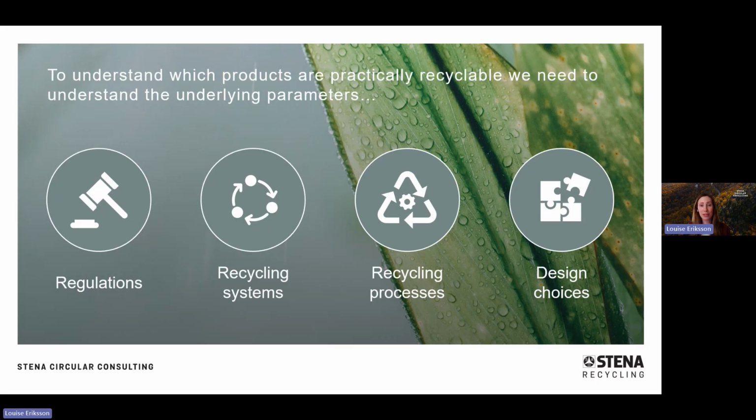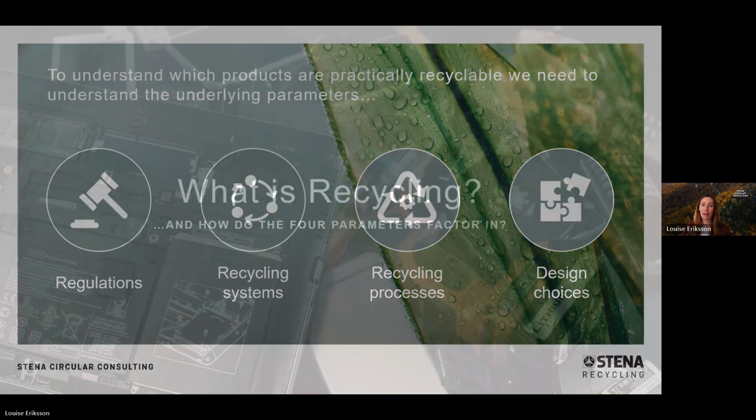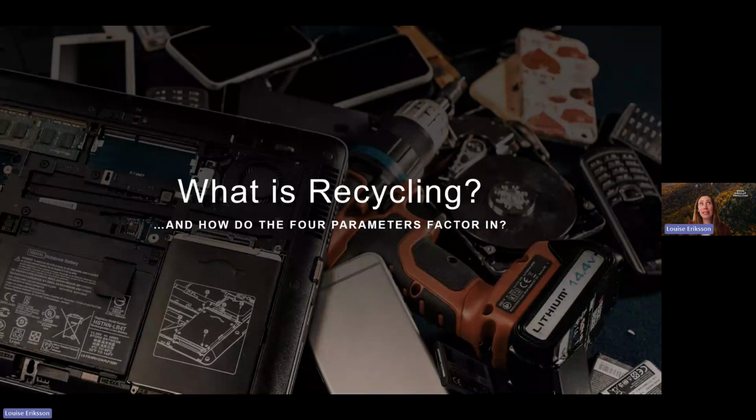Thirdly, we need to understand what recycling processes are used for recycling this product and what materials are recovered in those processes. Lastly, we need to understand what design choices have been made for the product. So what materials are used and how are they put together? So we will build the presentation today around those 4 parameters and explain how they're all affecting recyclability of products.